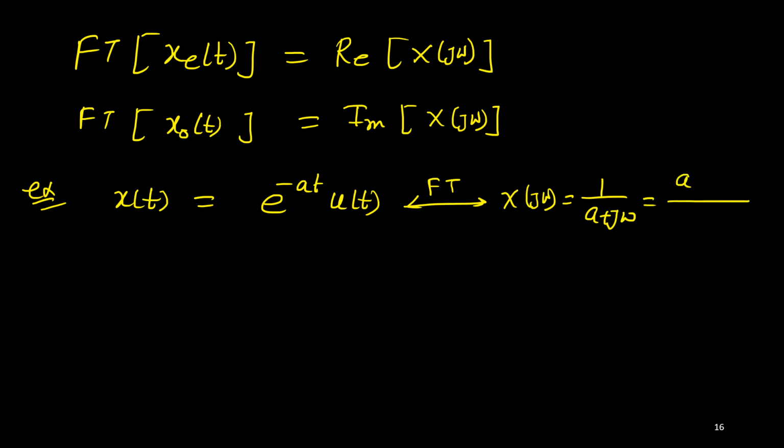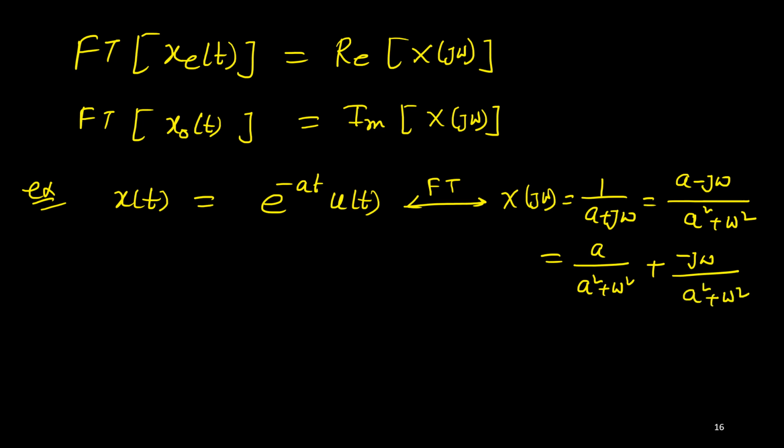I can multiply the numerator and denominator by a minus jω, then the denominator will become a square plus ω square. So its real part is a upon a square plus ω square, and the imaginary part is minus jω upon a square plus ω square.